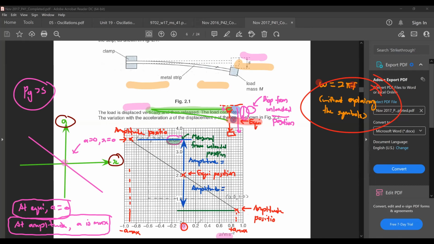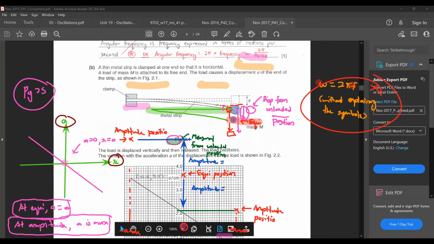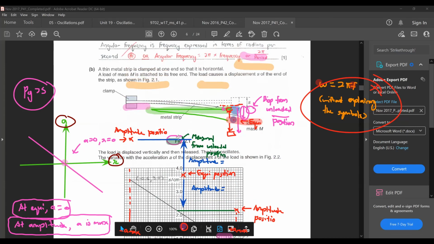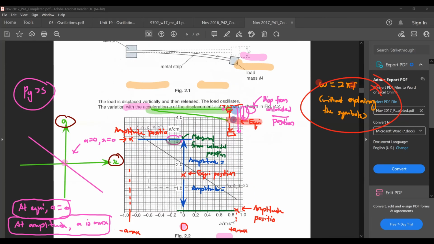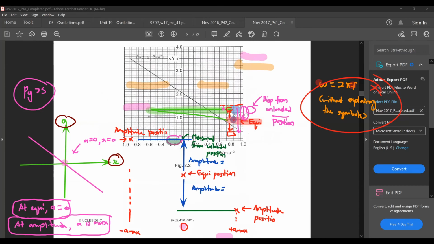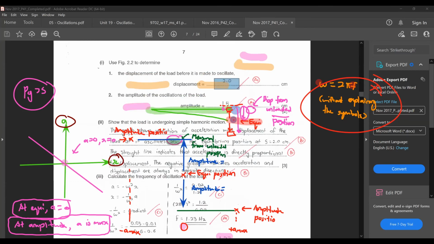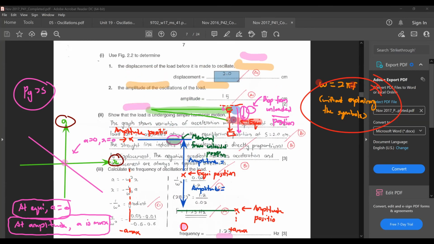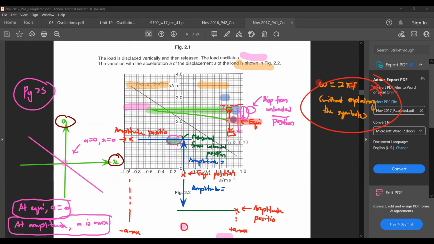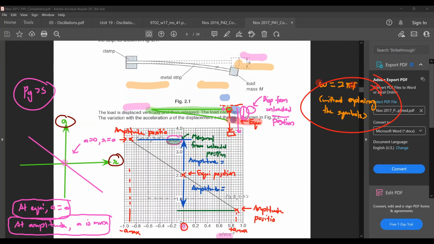In my case, I cannot really read the graph properly because my writing is obscuring it. Eventually, you read the graph values properly and take the difference between the equilibrium and the amplitude position, and you should get your amplitude value as 1.5 centimeter.